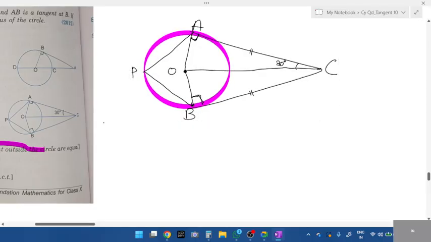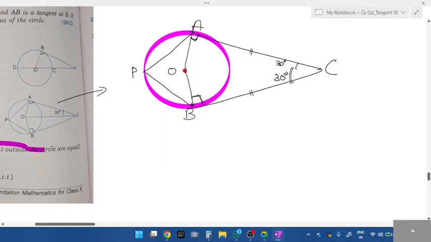Fine, students. Look. Question. We don't need the question. I've just taken the diagram here. According to property, tell me the value. If angle ACO is 30 degrees, what about angle OCB? 30 degrees. What is the total value of angle C? 30 plus 30, 60 degrees.